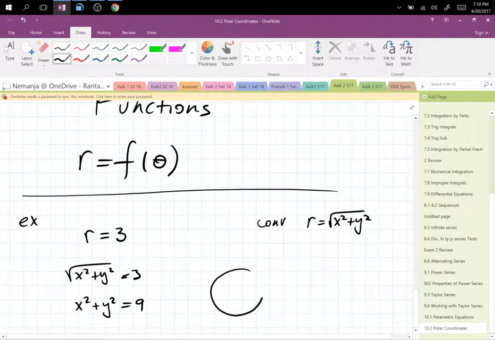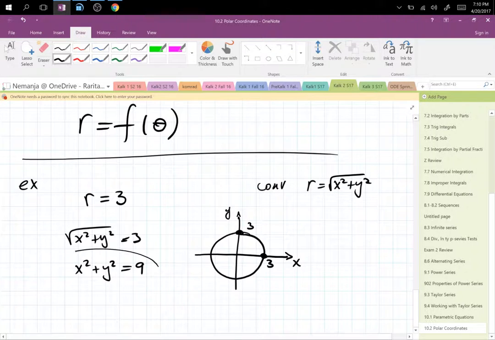Ta-da! Yes. It's a circle with radius 3. Whoa. Such a crazy equation in x and y, so simple in polar. Just r equals a number.